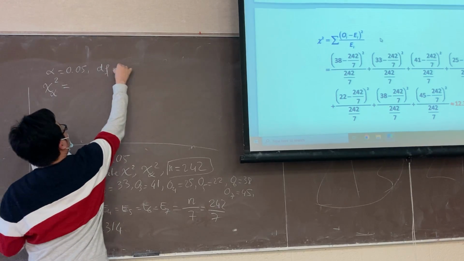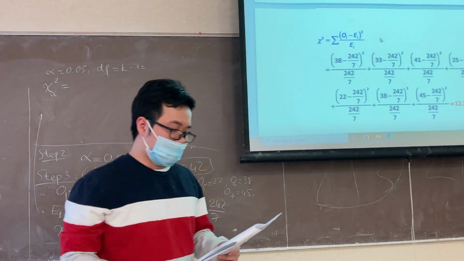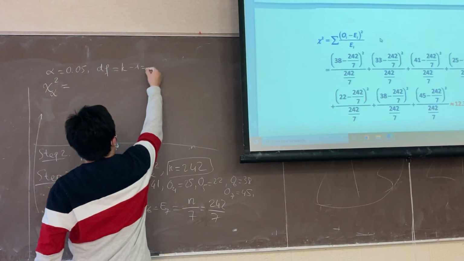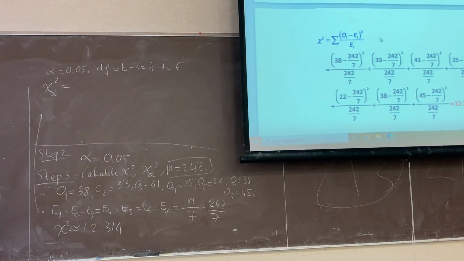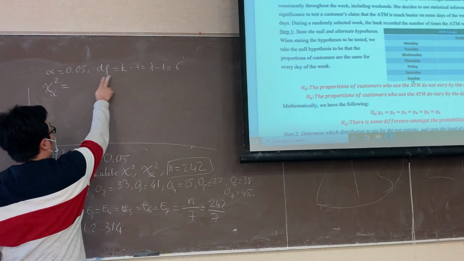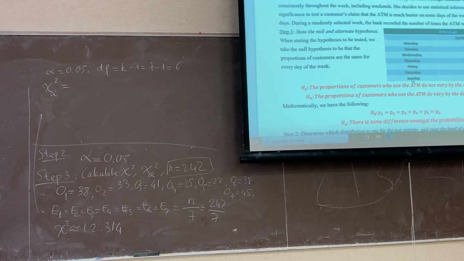Df is k minus 1. K is 7 here, so 7 minus 1 is 6, because we have 7 outcomes: Monday, Tuesday, Wednesday, Thursday, Friday, Saturday, and Sunday. So df here is 6.